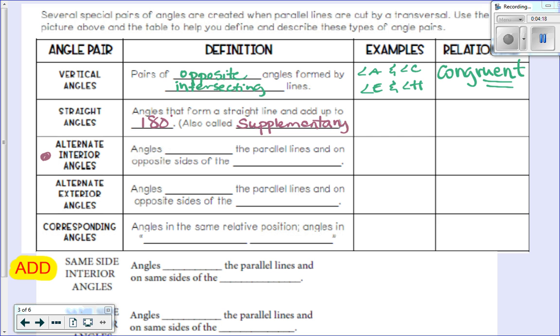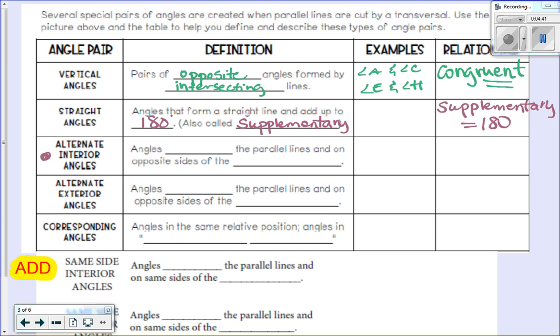And that's also our relationship, that they are supplementary. What's supplementary mean? Supplementary angles are equal to 180. So knowing that relationship is going to help you set up your equation correctly.